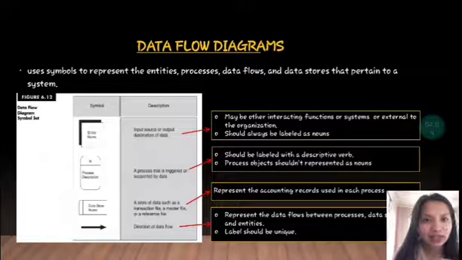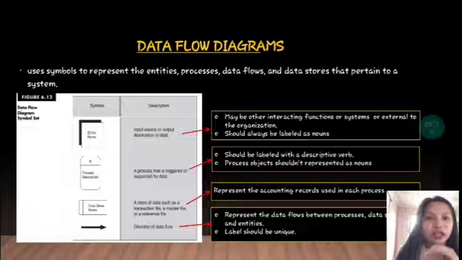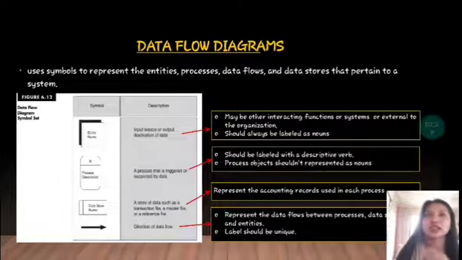First, we have the symbol for the entity name. This entity name is the input source or the destination of the data, and it can also be other interacting functions or systems external to the organization. This entity name should always be labeled with nouns, such as customer or suppliers.